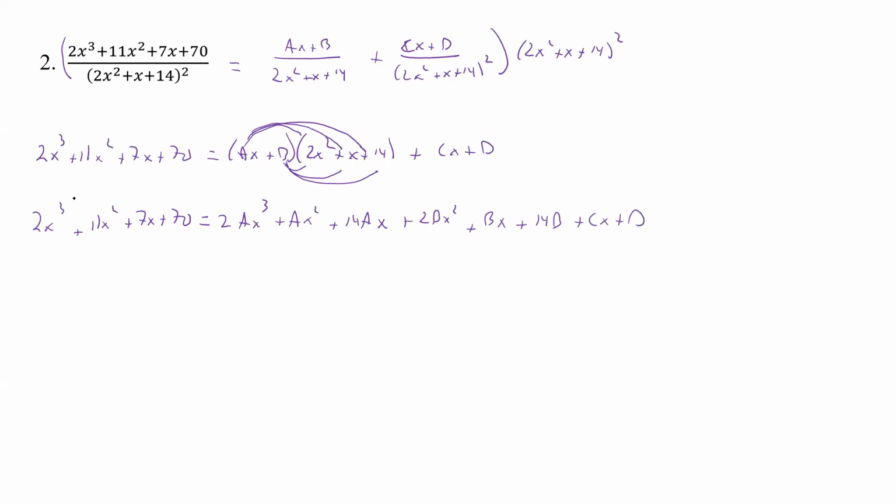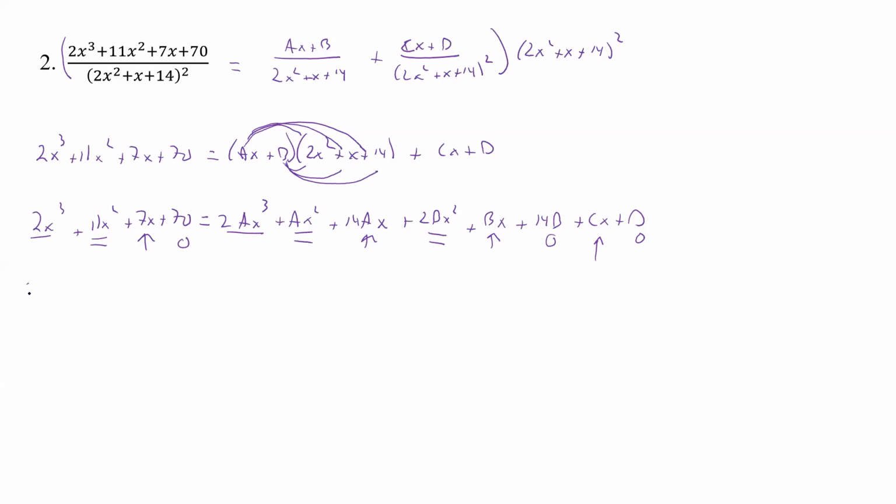All right. So now we've got the x cubed. We've got x squared, x squared, x squared. We have a 7x, 14ax, bx, and cx, and 70, and 14b, and d. So it looks like it's going to work out the same way as our last one, as far as all the terms just being kind of simple.